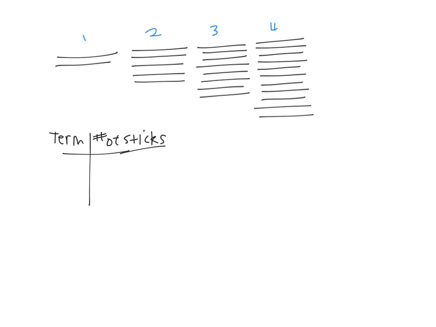For term 1 I have 2 sticks, for term 2 I have 5 sticks, for term 3 I have 8 sticks, and for term 4 I have 11 sticks. If I wanted to find the rate of change, I could just find the first differences and I would see that they all equal 3. Therefore the rate of change is 3.